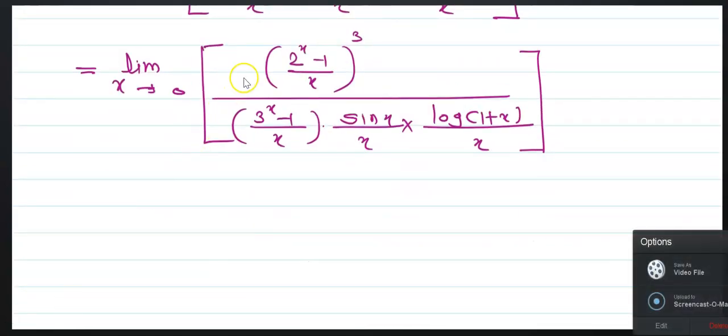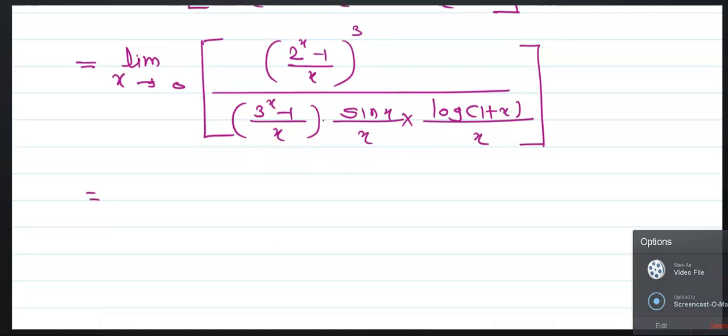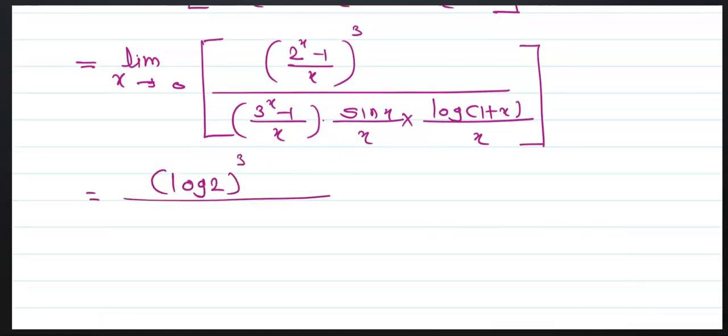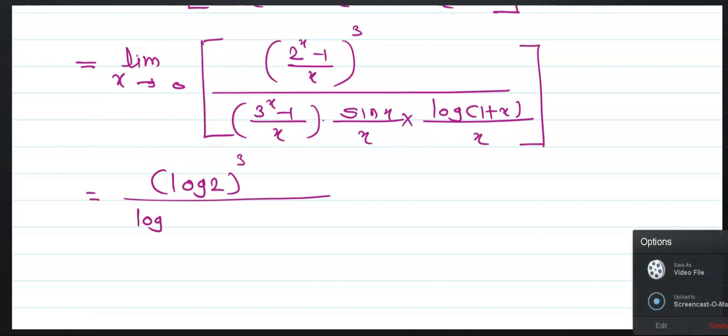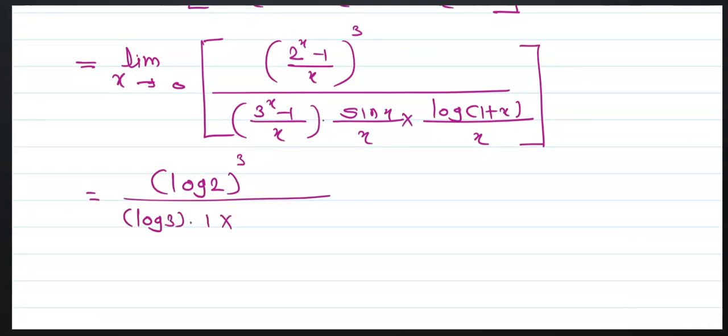Now, what is the value of this limit? It is log of 2 bracket cube upon log of 3 into 1 into 1. Now see this here: log of 2 bracket cube upon log of 3 into 1 into 1.